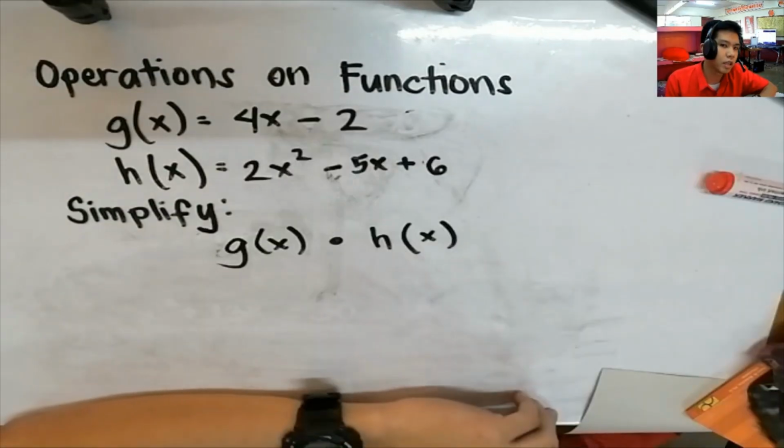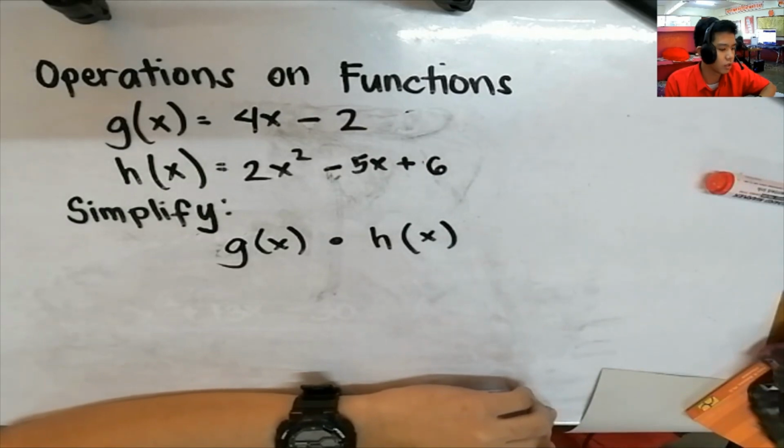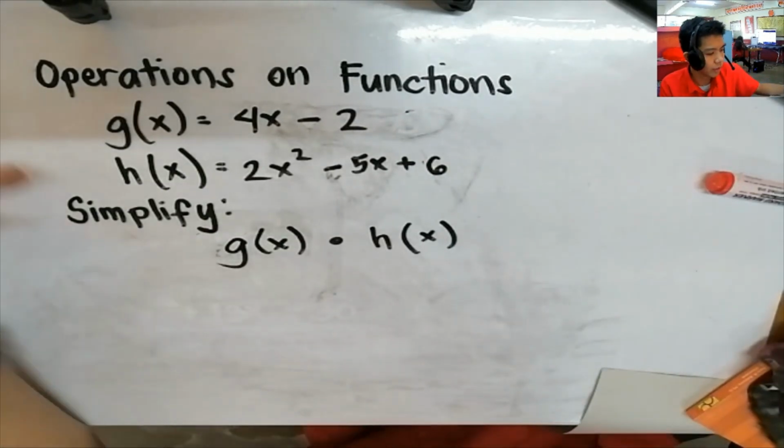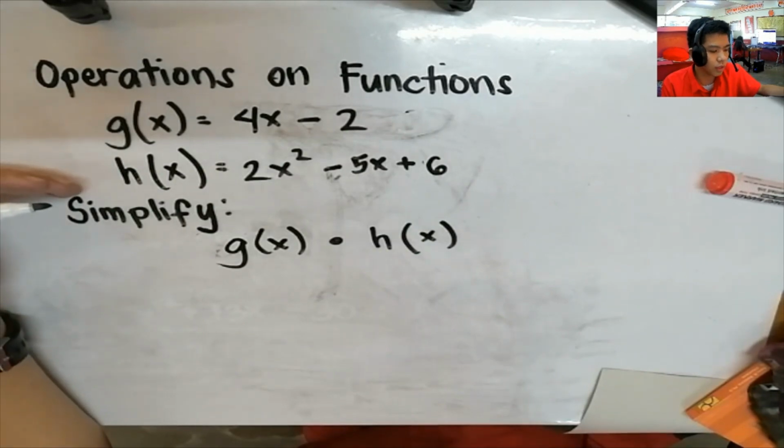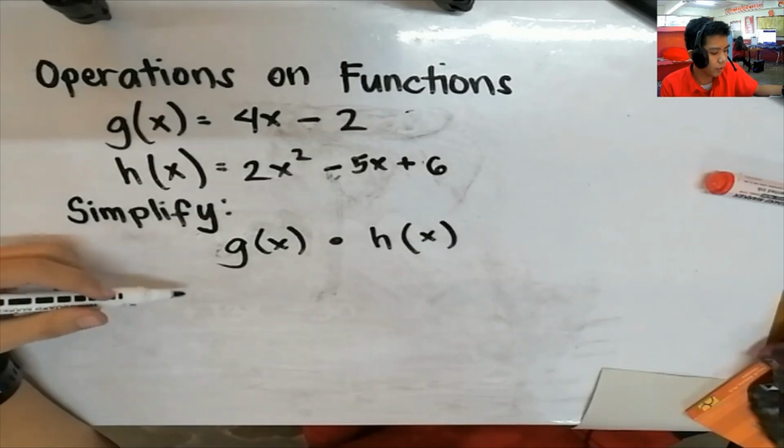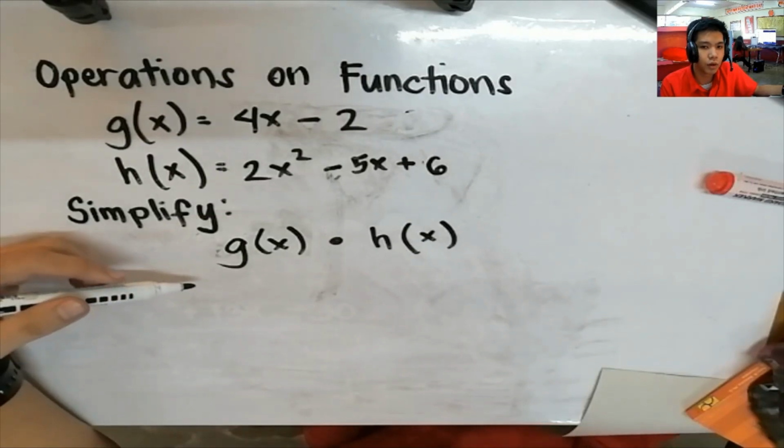Okay, let's try some multiplication on functions. Given g of x equals 4x minus 2 and h of x equals 2x squared minus 5x plus 6, simplify g of x times h of x.